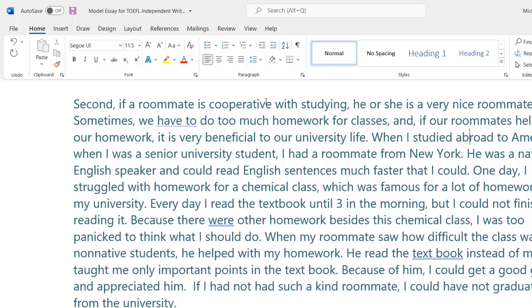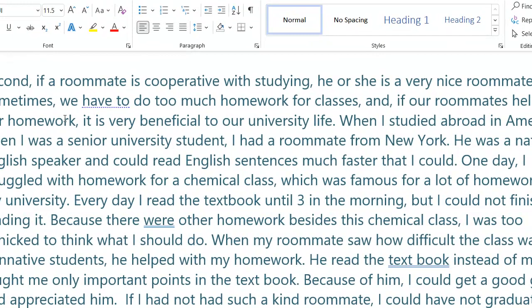When I studied abroad in America, when I was a senior university student, I had a roommate from New York. I'm going to put here, I had a roommate. Let's combine these two sentences.